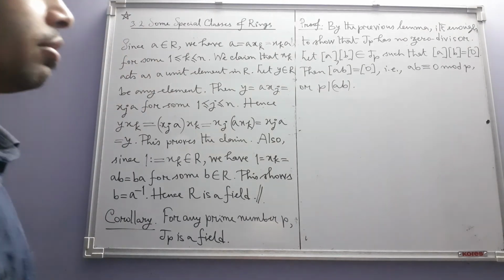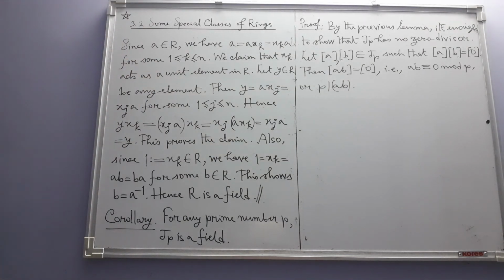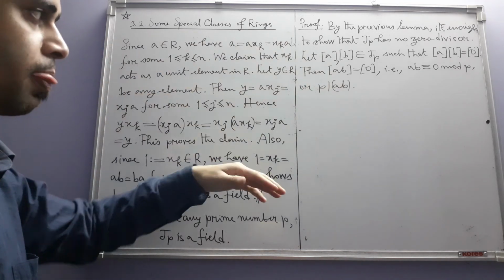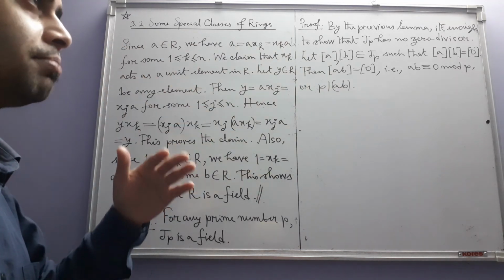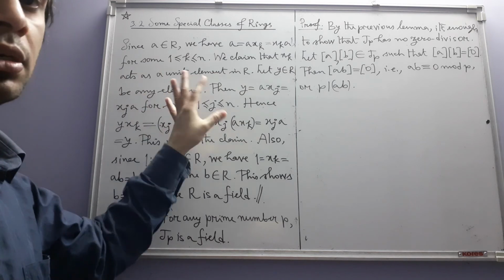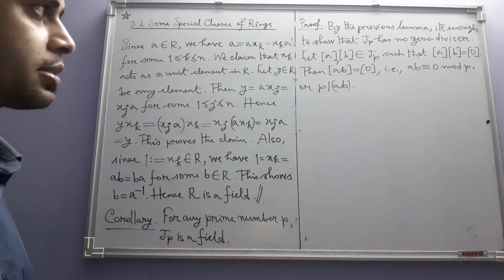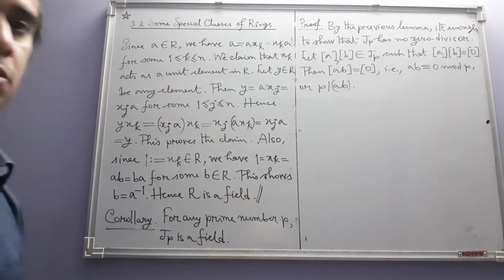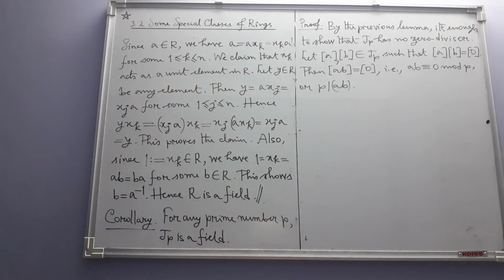Now recall our result from the study of integers, the third section of the first chapter. If a prime divides the product of two integers, then it divides at least one of them.